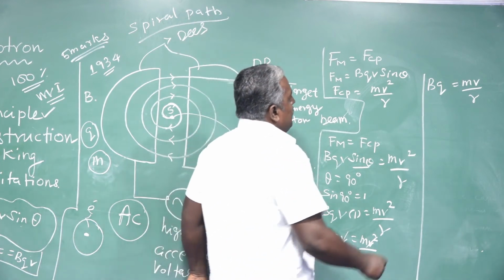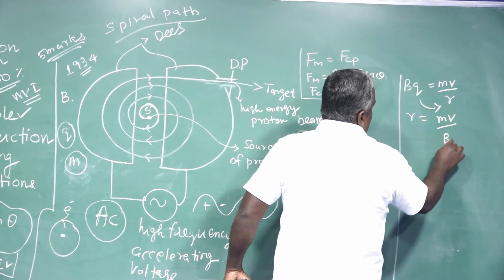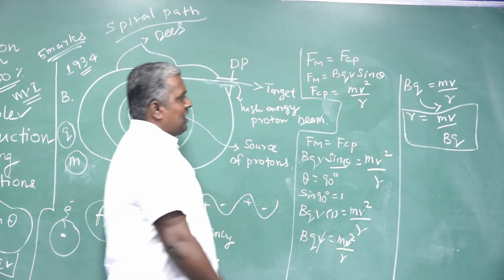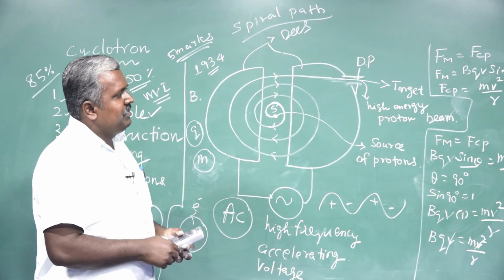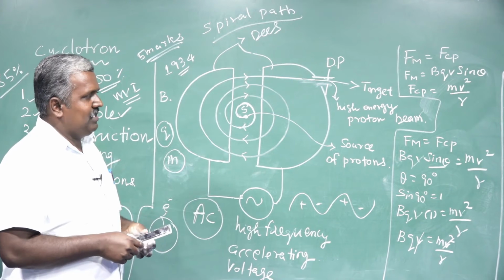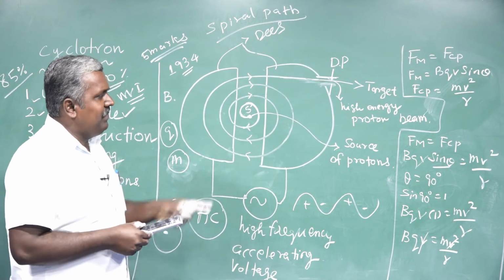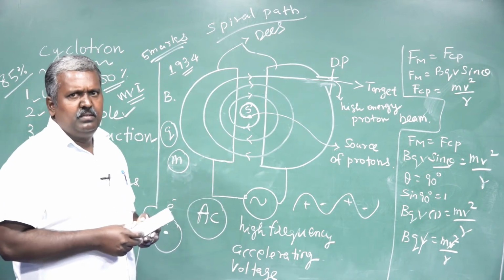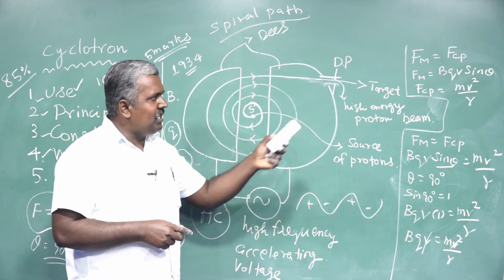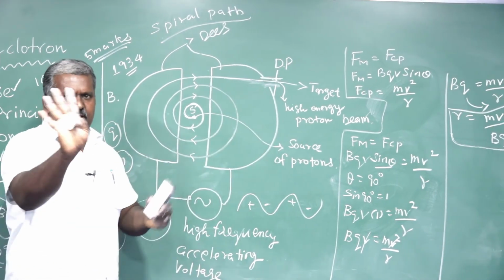Therefore, r is equal to mv by BQ. This is the radius of the circular path of the positive ion. m is the mass of the ion, v the velocity of the ion or particle, B the uniform magnetic field, q the charge of the particle. Here, for example, the charge of proton, the velocity of proton, the mass of proton.